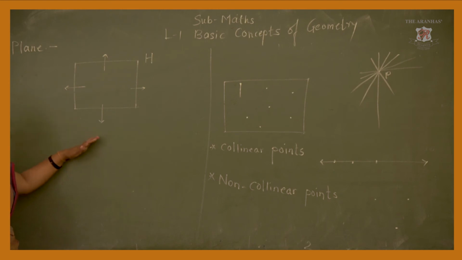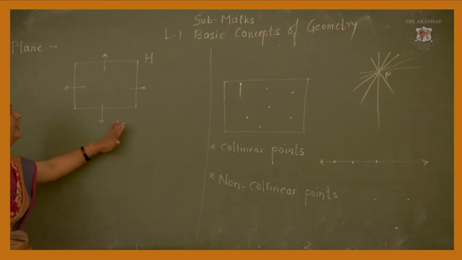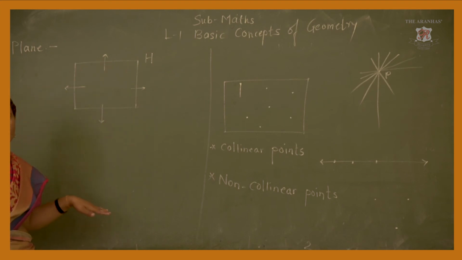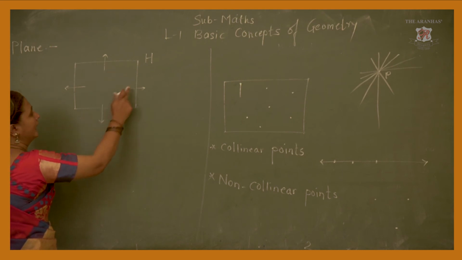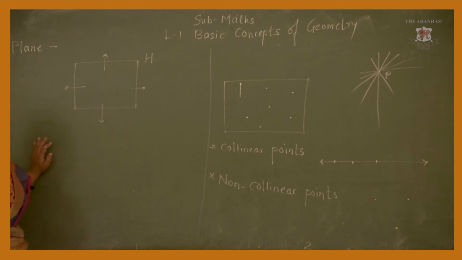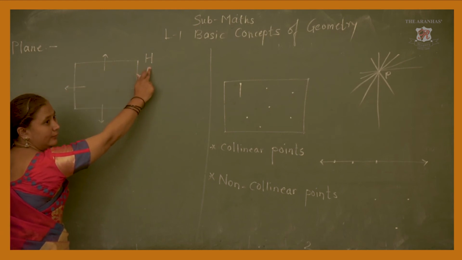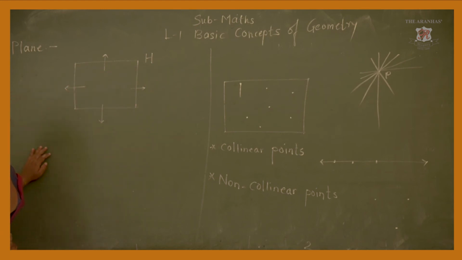I am repeating again: in mathematics, a flat surface is called a plane. The plane extends in all four directions, which is shown by the arrows, and it is denoted by a capital letter H.